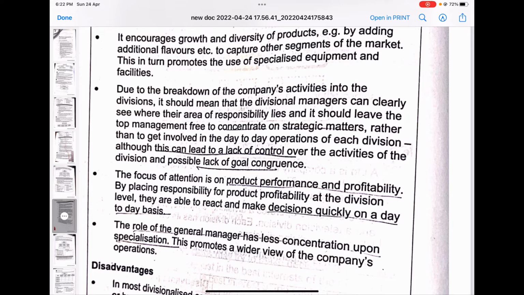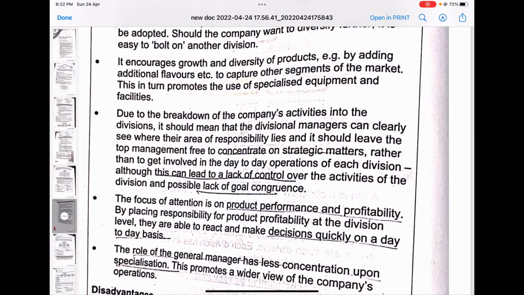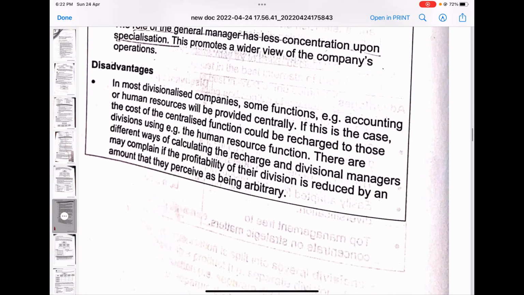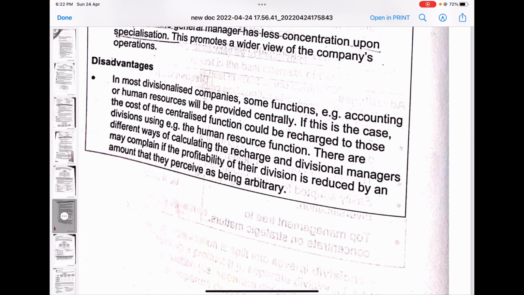I hope it's all clear. We've discussed every single thing earlier. There's nothing to be worried about. We've not missed anything. Now we come to the disadvantages of the product structure or the divisional structure. In most divisionalized companies, some functions, for example accounting or human resources, will be provided centrally.